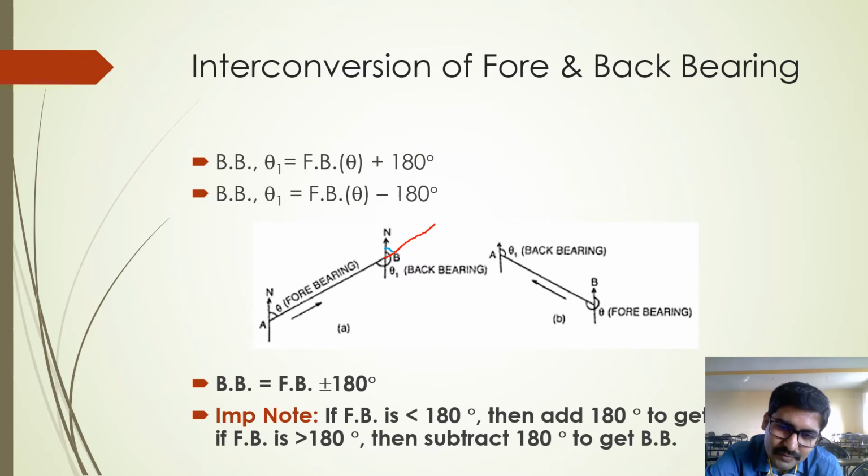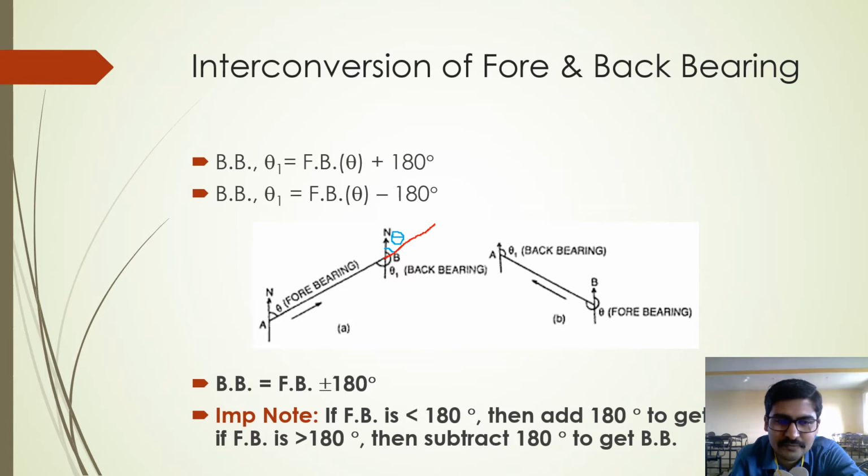So this will also be theta, right? What about this bottom angle, the remaining angle? Definitely that will be 180 degrees. So it will be 180 degrees plus theta, right?